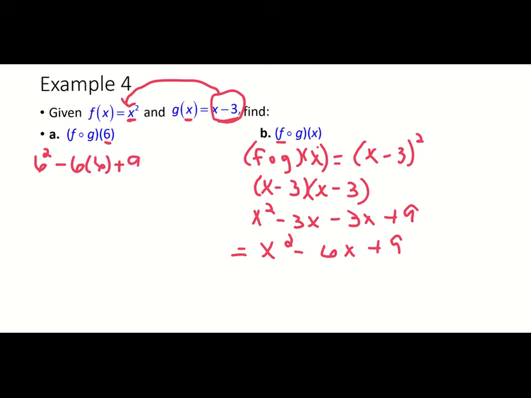So 6 squared is 36 minus 36 plus 9. So 36 minus 36 is 0, plus 9 will give me a 9 for that one. I personally think it's easier to do it that way. You can, like I said before, plug in the 6 for both and then do the math. It's up to you.